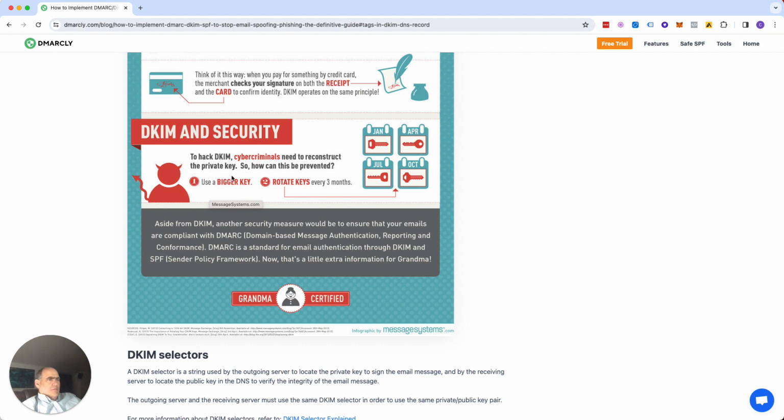So basically, use a bigger key is one. The size of the number dictates how much CPU you're going to have to use to try to decrypt that, to determine what the private key is.